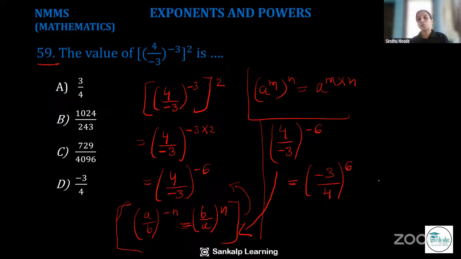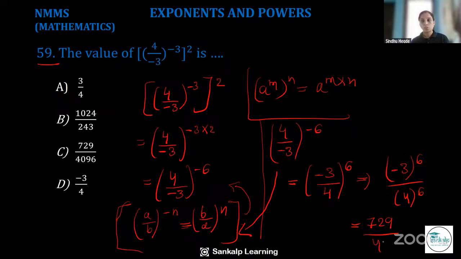I will write the numerator and denominator separately. Minus 3 raised to 6 divided by 4 raised to 6. Minus 3 into minus 3 gives plus 3. So there are totally 3 pairs, and finally it gives plus only. So here 3 raised to 6 is 729, divided by 4 raised to 6. 4 should be multiplied 6 times.